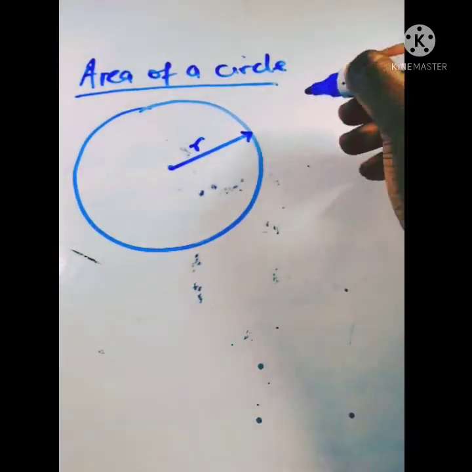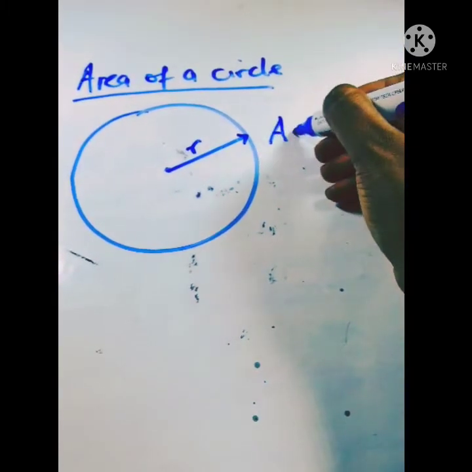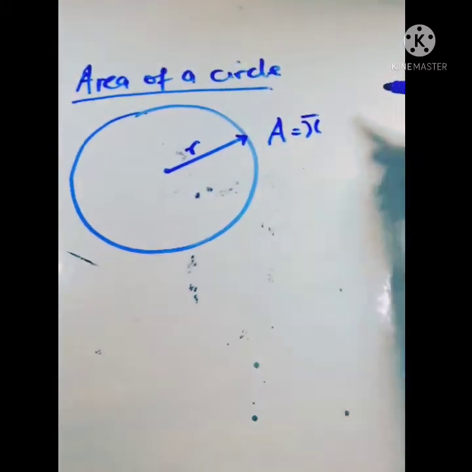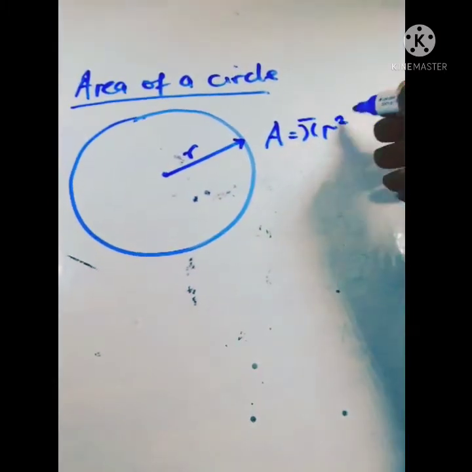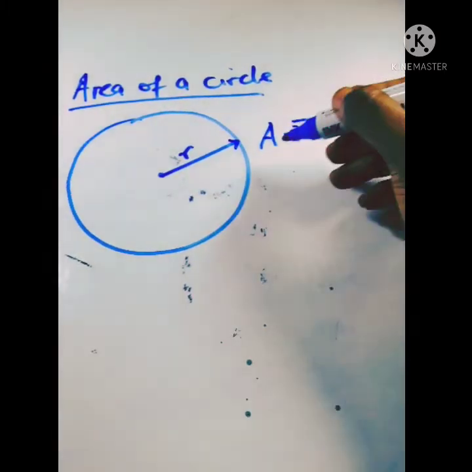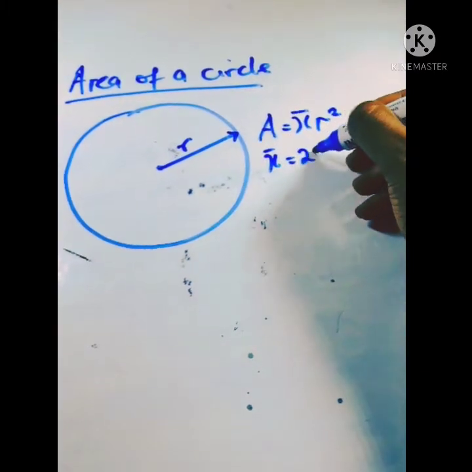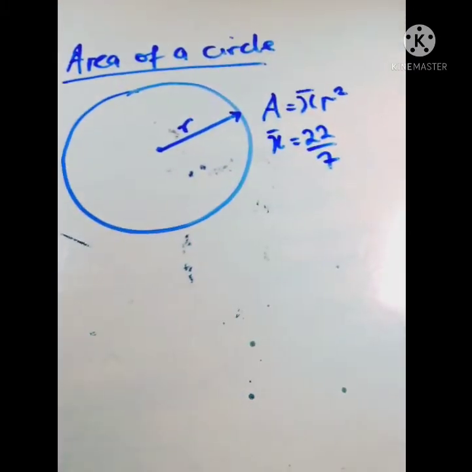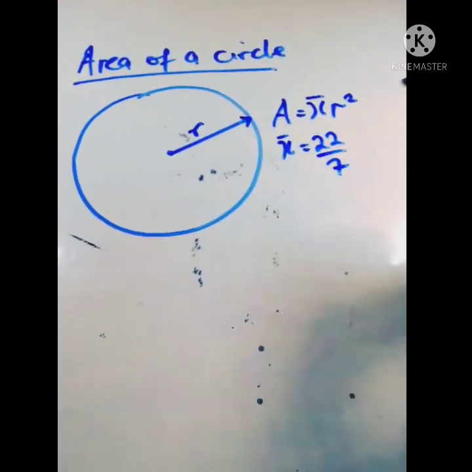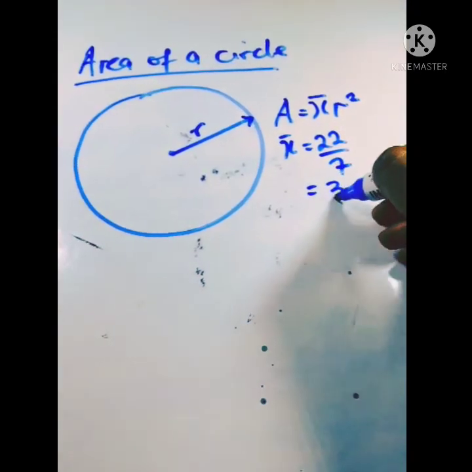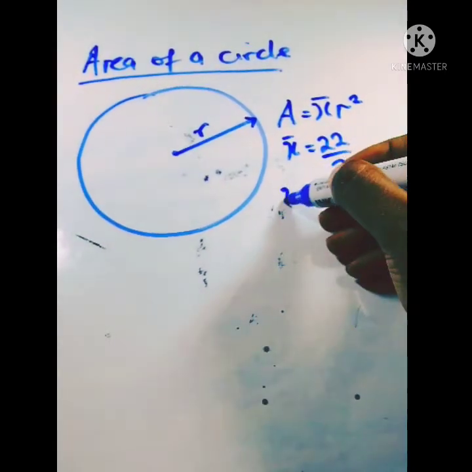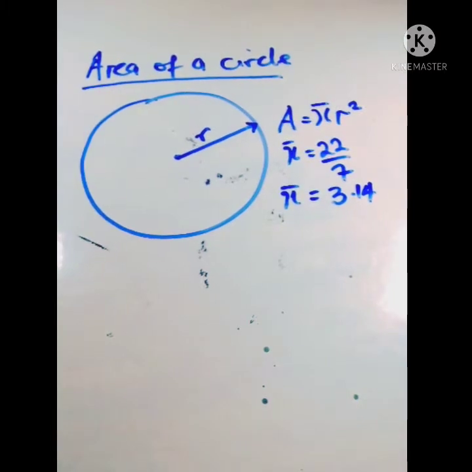So the formula for finding the area of a circle is pi times radius square, and pi is 22 over 7, or 3.14. Pi is a constant.